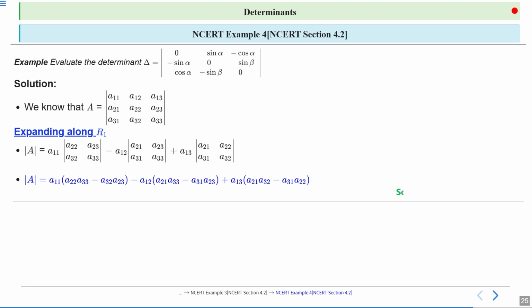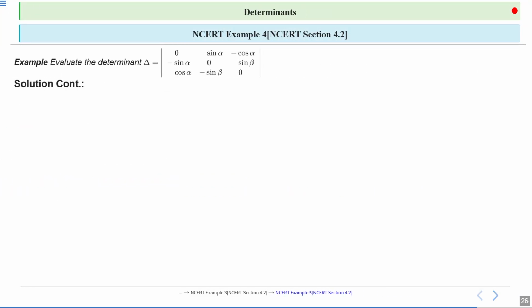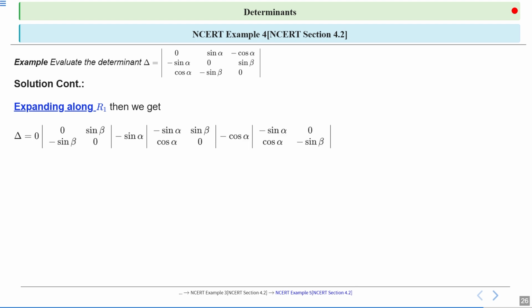So to evaluate the determinant of the given matrix, when we expand along R1, the first element is 0, and cancelling the first column and first row, we get a matrix of order 2 cross 2, that is 0, sin beta, minus sin beta, 0.